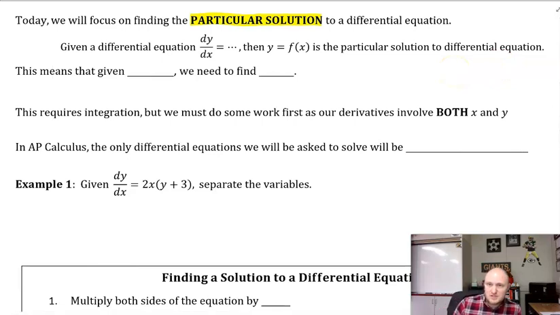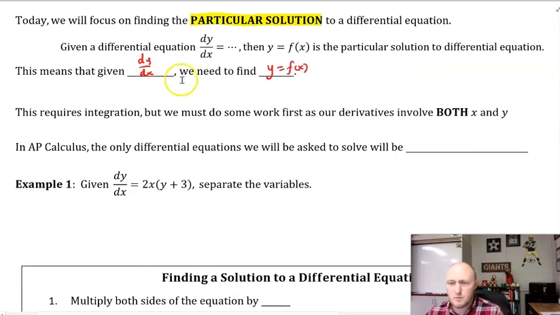This just means that if I am given the derivative dy dx, the derivative of y with respect to x, then I need to find what y is equal to. Y is equal to f of x. What is the function? Now this is going to require integration. You're undoing a derivative. But what we first have to do is work with the derivatives that involve both x and y.